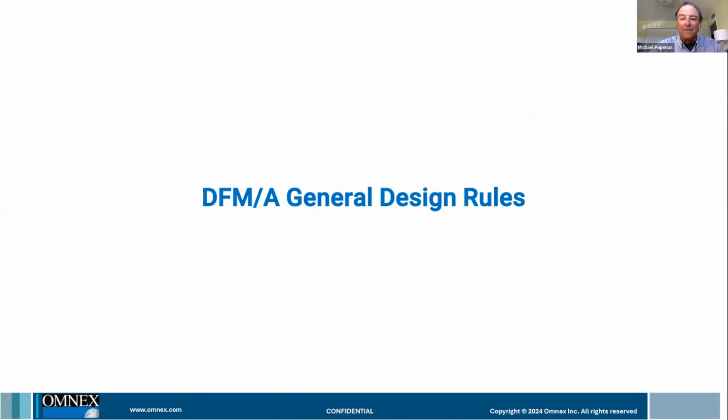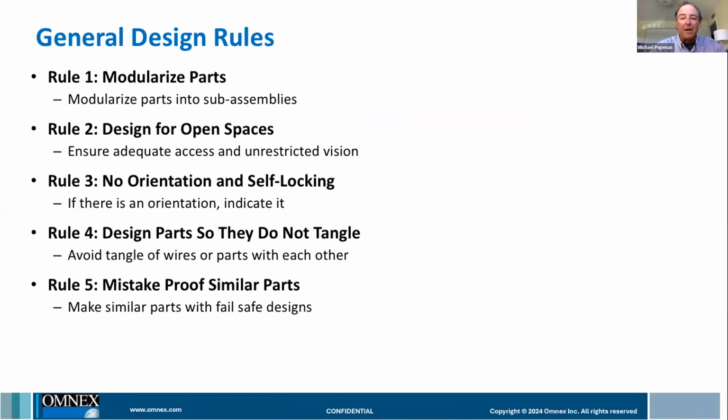Let's focus on some design rules. Think of your designs, and especially in the product development world, when we think about who are our real customers, our first customers in the design world is manufacturing. And if we think of operators, assemblers, machinists out on the floor as our customers, let's think of them as surgeons.